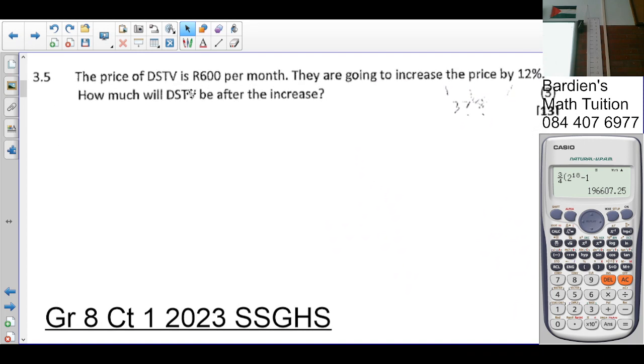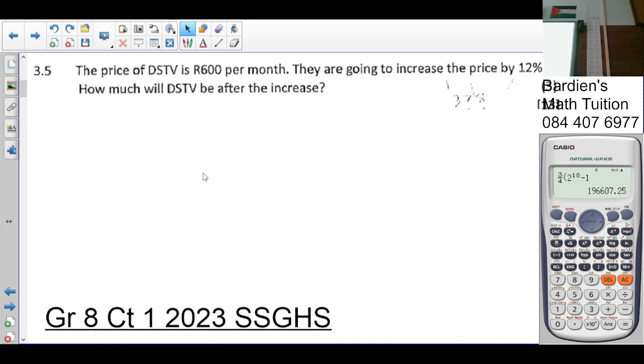5.3. The price of DSTV is 600 Rand per month. Okay. They're going to increase the price by 12%. How much will DSTV be after the increase? So we must work out the increased amount and then add it to 600.